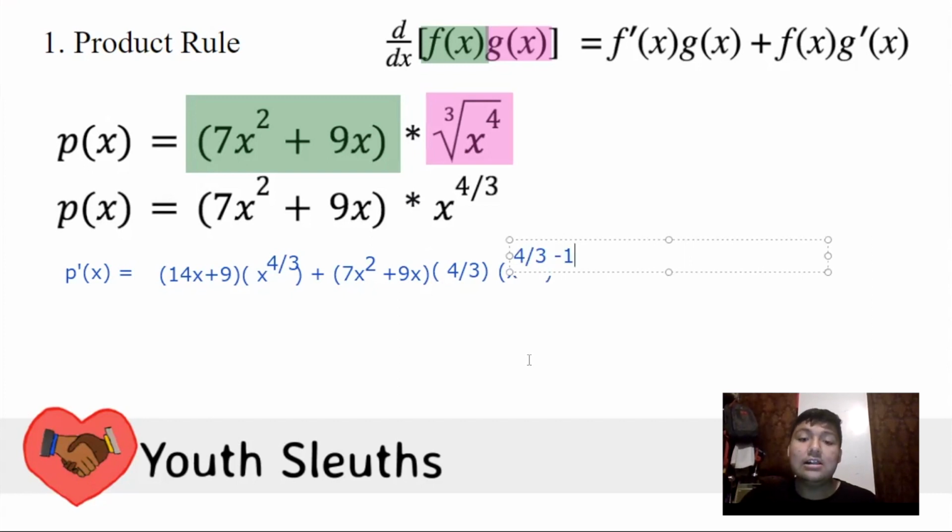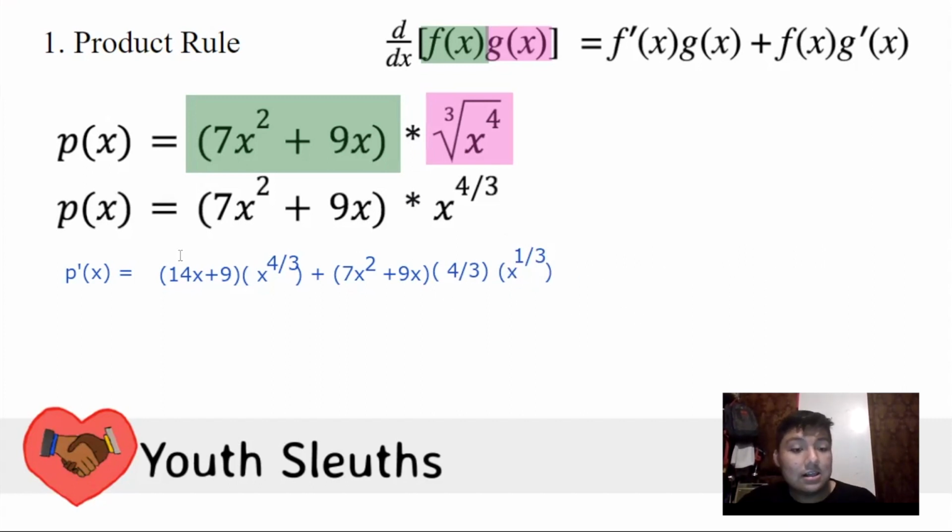So now, in order to subtract, we change the 1 into 3/3. So we have 4/3 minus 3/3. Now we simplify further until all we have left is 1/3.